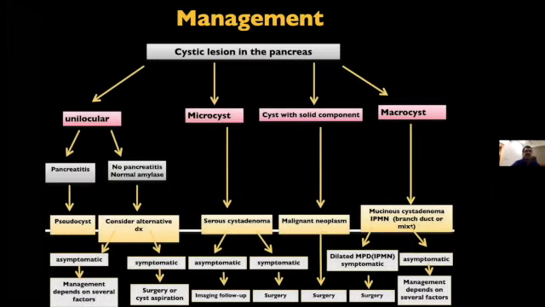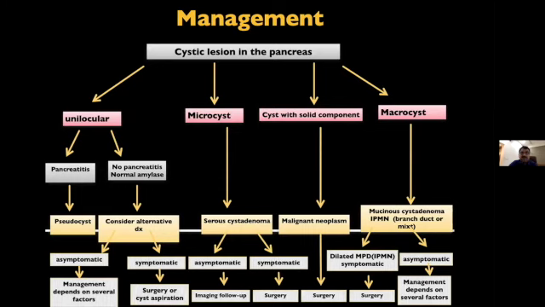So coming to the algorithm for management of cystic lesions in the pancreas, when there is a unilocular cyst, you exclude the possibility of a pseudocyst. If there is no pancreatitis and if there is no increase in amylase, consider the alternative diagnosis. When the patient is asymptomatic, management depends upon many factors, including the fluid analysis.